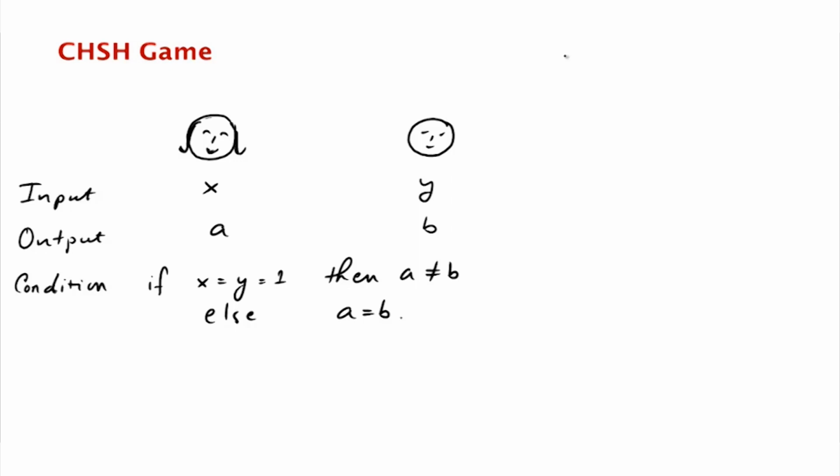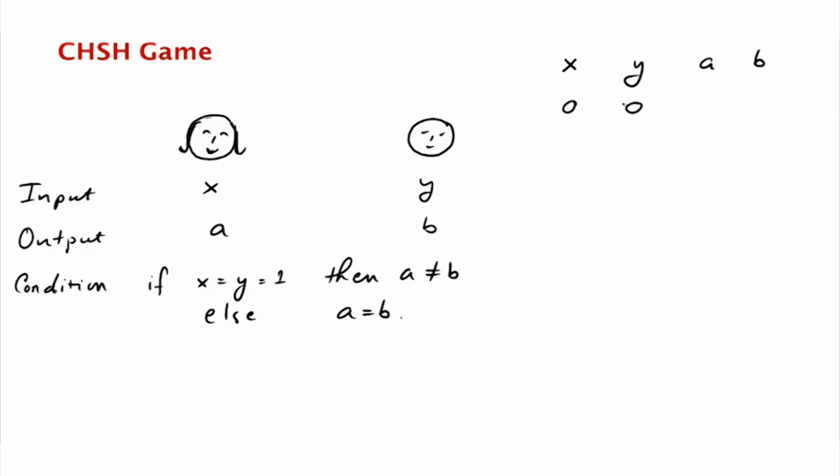Let's make up a table. Here's X, Y, A, and B. Let's say that the input was X equal to 0, Y equal to 0. And we want to know what Alice and Bob should output in this case. So first thing we can say is, without loss of generality, we may as well assume that Alice outputs 0.